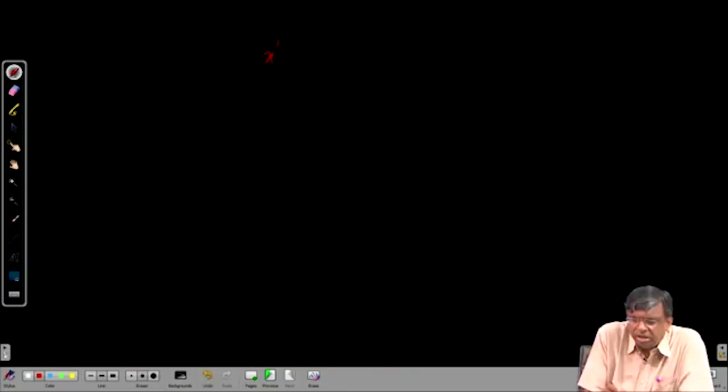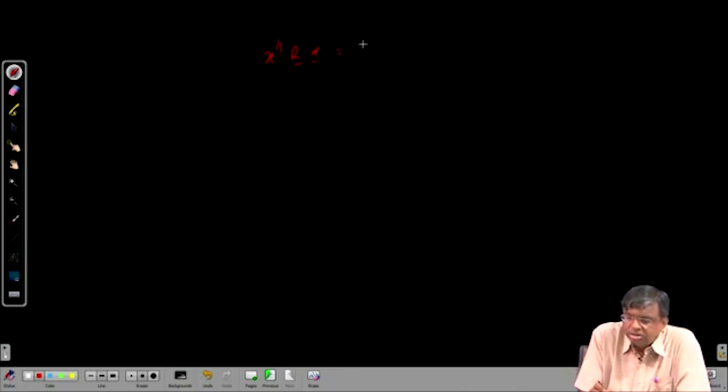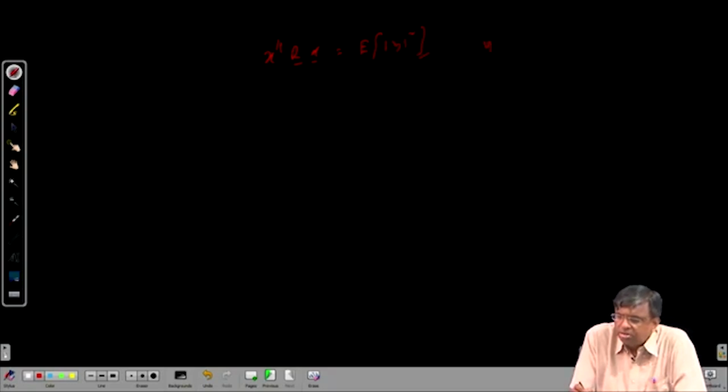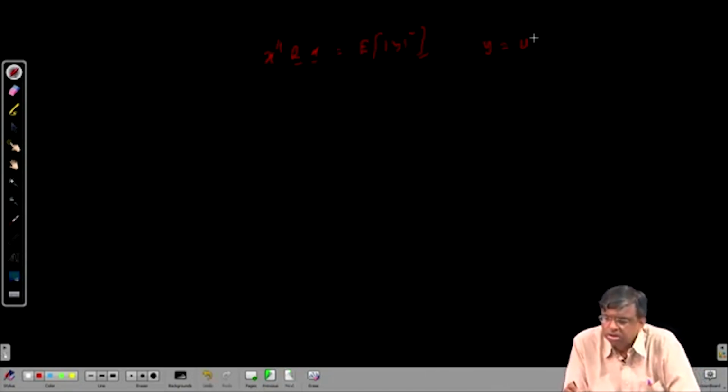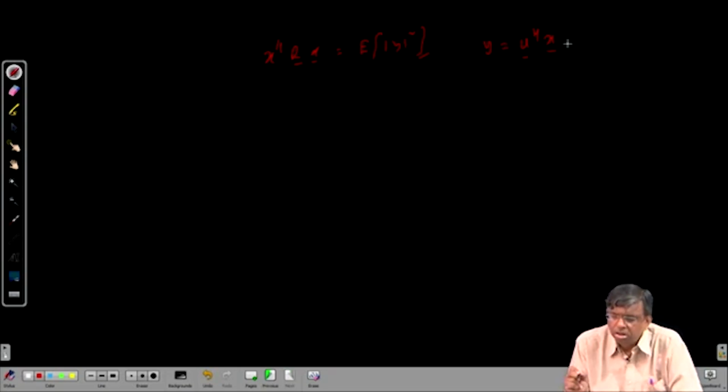This is what I had earlier: X Hermitian R X is the expected value of mod Y square, where Y is a scalar and that was U Hermitian X. So this quantity is obviously greater than or equal to 0, because as I told you, mod of Y is real and positive, and then squared, so this can never be negative.